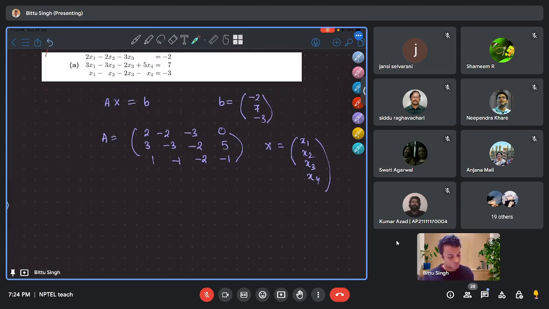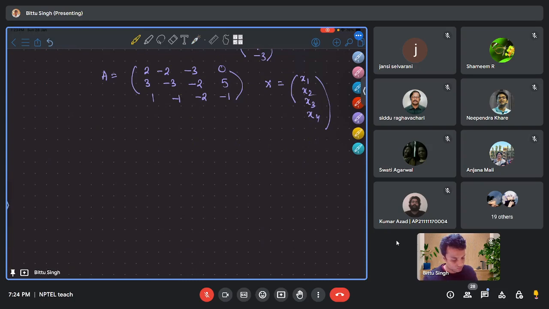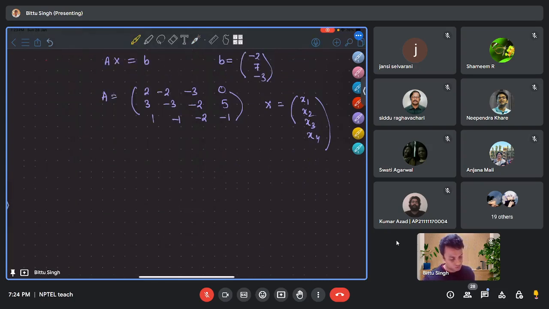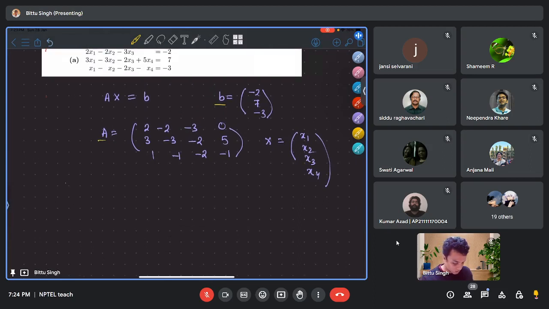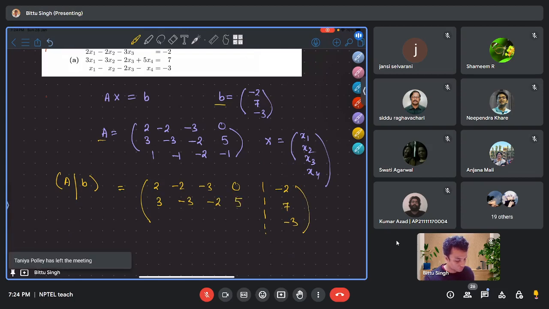So the way is like this: put A and this b into a single matrix. That is, write like this: A and b. So you can write in this way: 2 -2 -3 0, and -2 7 -3, 3 -3 -2 5, 1 -1 -2 again -1.